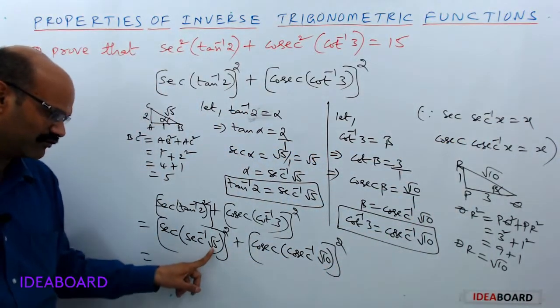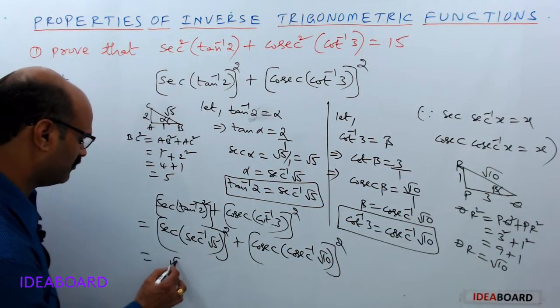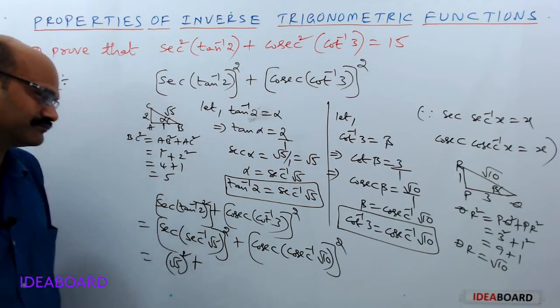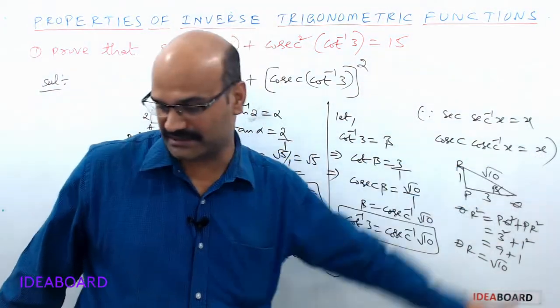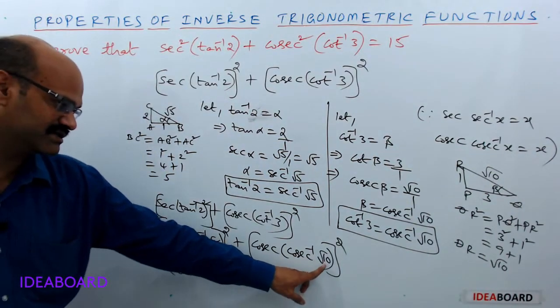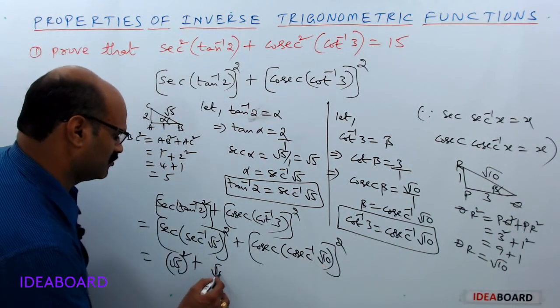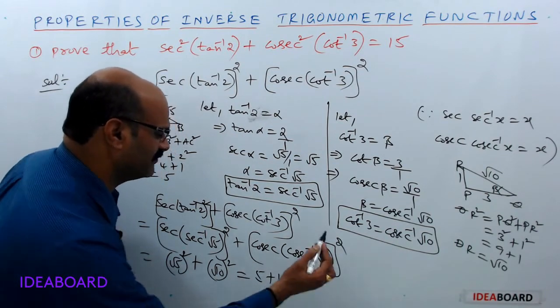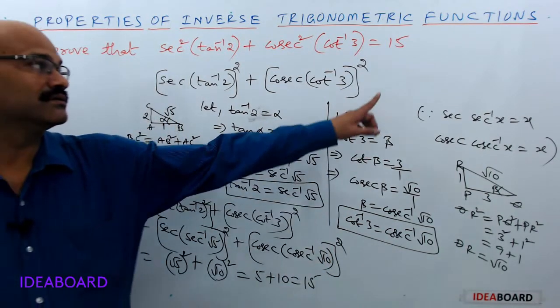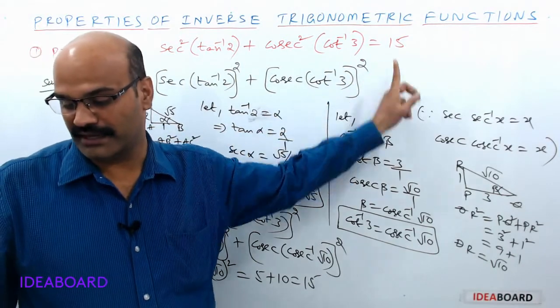Now in the place of x we have root 5. So root 5 whole square plus cosecant of cosecant inverse of x equal to x. So here we have x equal to root 10 whole power 2 equal to 5 plus 10 equal to 15. Hence proved.